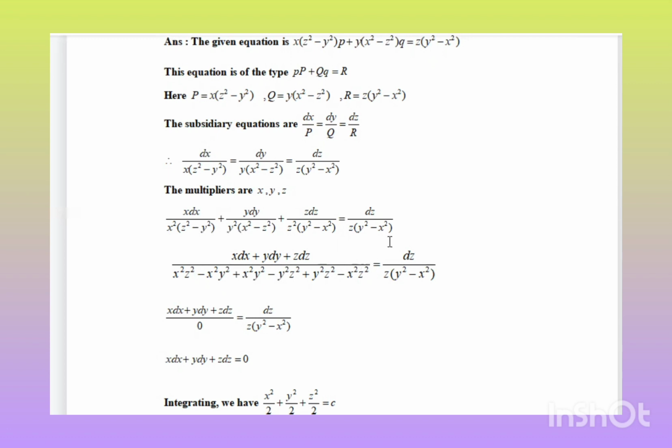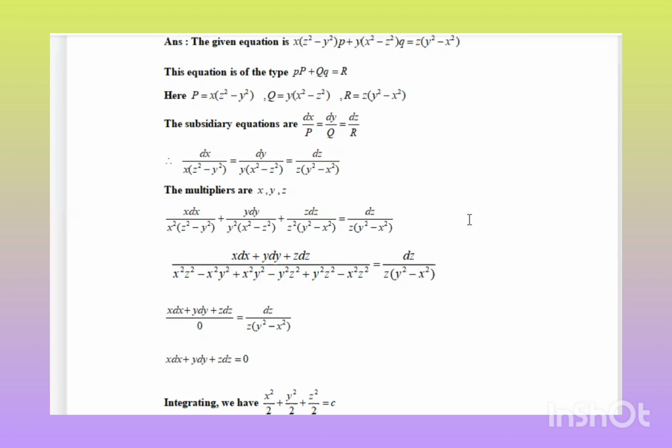For example, 1 by 2 is equal to 2 by 4 is equal to 3 by 6. If you add the numerators as well as the denominators, the numerator will be 1 plus 2 plus 3, so 6. The denominator is 2 plus 4 plus 6, 12.